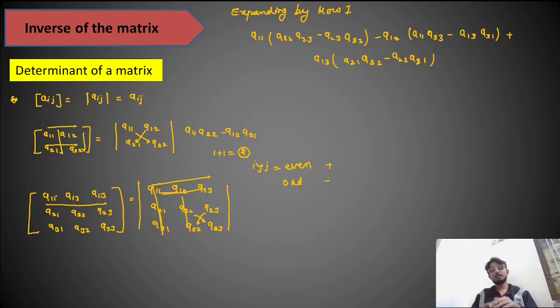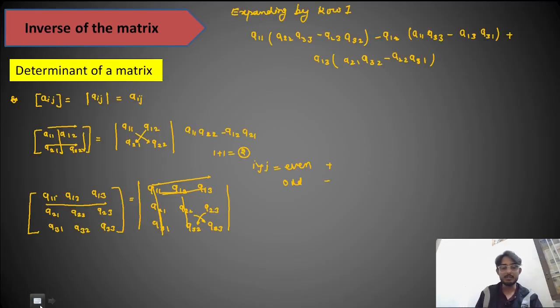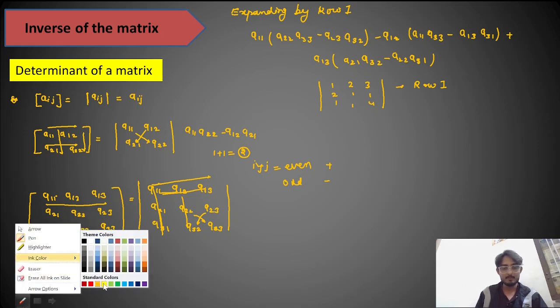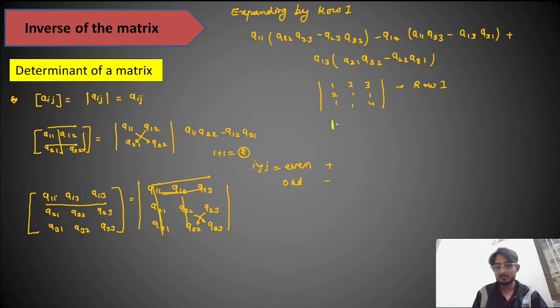Okay. Now let's move on to minors and cofactors. Before that, I will explain how to find the determinant of this matrix: 1 2 1, 2 1 1, 3 1 4. You can find it by expanding by the first row. We take 1 as the element and eliminate its corresponding row and column.